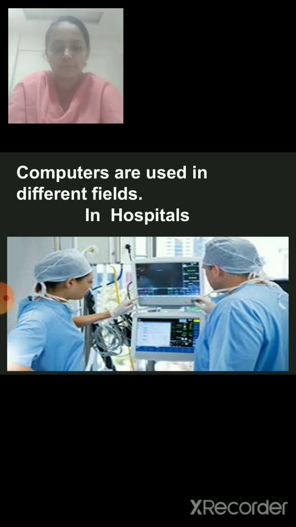First, in the hospital. What is the use of computer in the hospital? In hospital, computers are used to maintain the record of medical history of patients and to keep a track of prescription. Next, in offices, what is the use of computer in the offices?